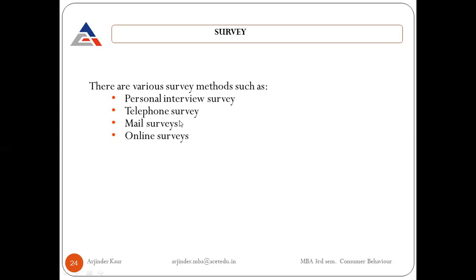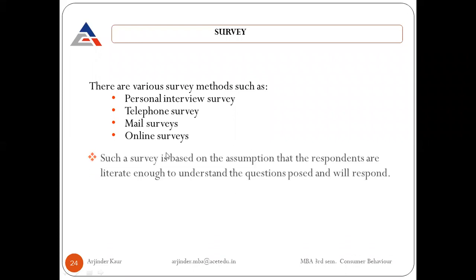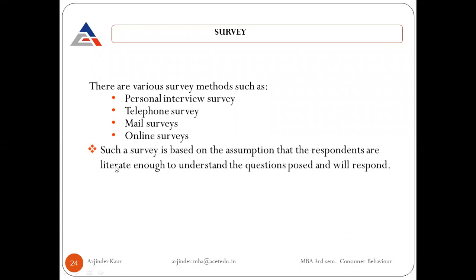A Google form can be designed and sent to a number of people. The link of the Google form can be sent, or we can email the questionnaire to a number of respondents, who are required to fill it and send it back to the email address from where it was sent.